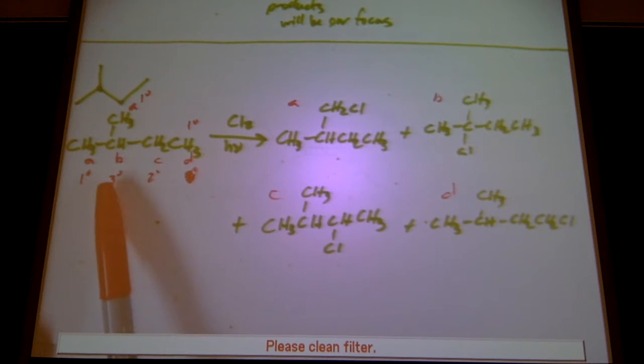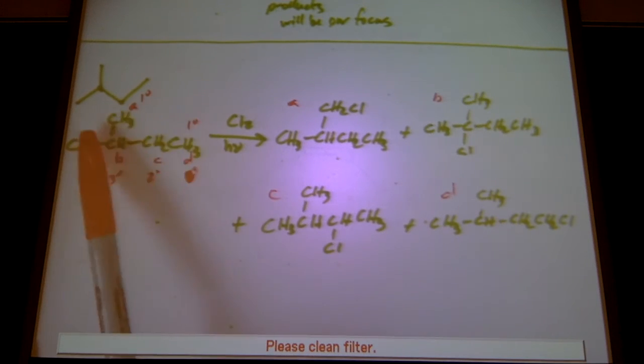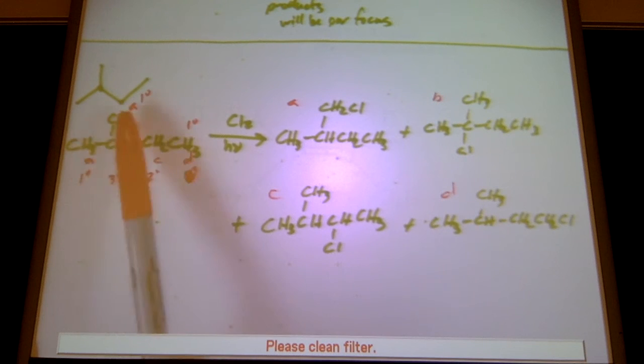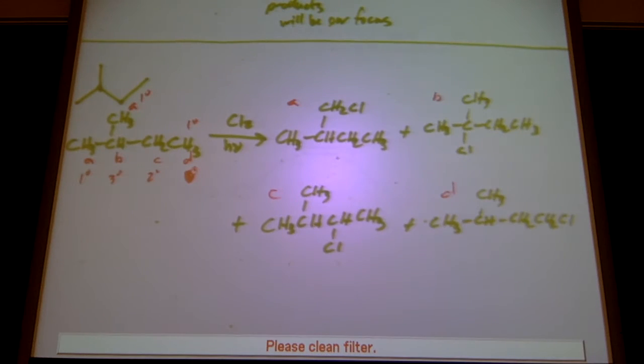And so B is going to form a more stable intermediate, but there's only one of those positions. If I look at this primary position, it's not going to form as stable an intermediate, but there are so many more of them, you can see a lot of that product as well. So we have these different ratios for chlorine and bromine, where you can actually predict how much of each product that you will have.